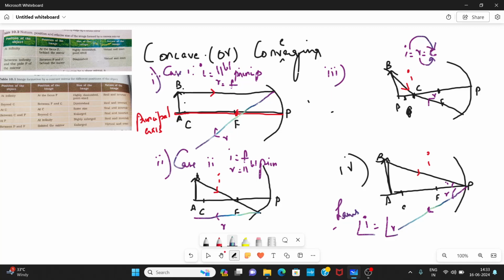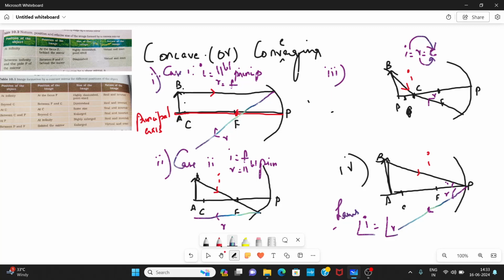Diminished is nothing but it will be very much minimized. A smaller image of the object you will see in a point size. And how will the nature of the image be? It will be real and inverted. Okay. So I will tell you the difference between real and inverted in the next video clipping. You just see to it.